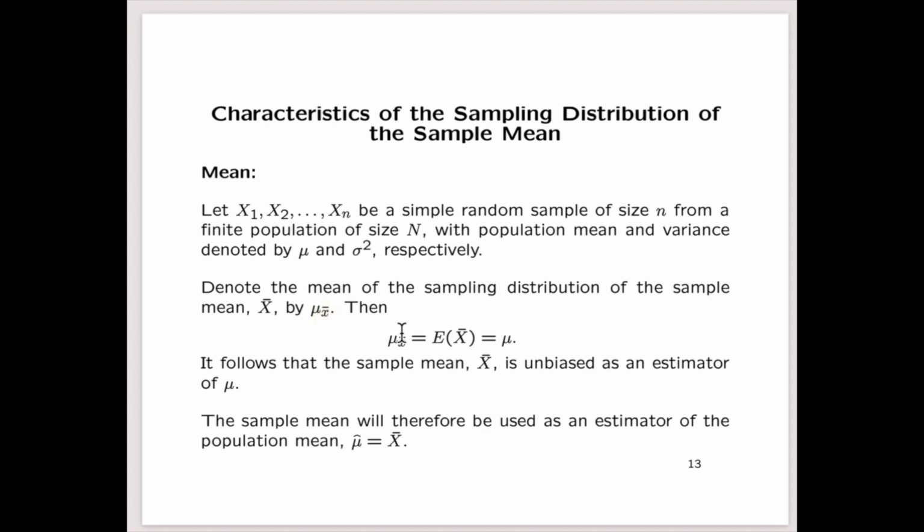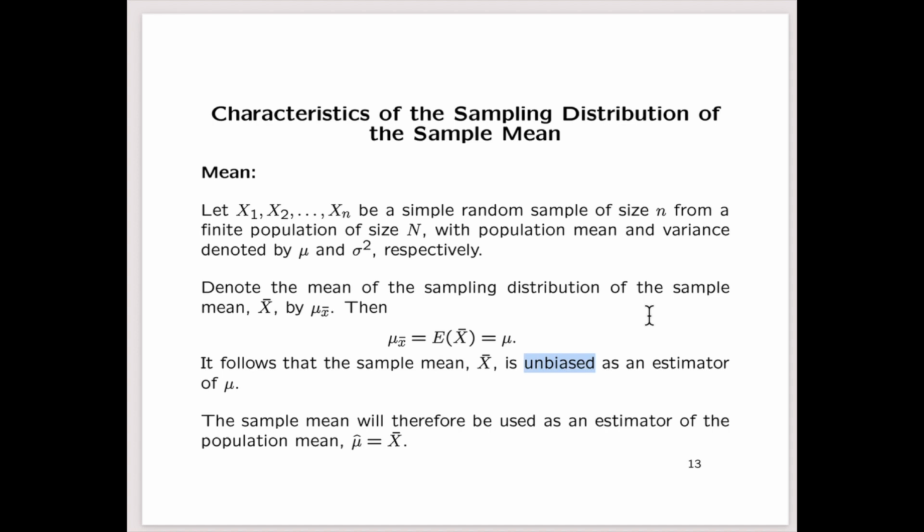Now it turns out that mu sub x bar, which we could also denote as the expected value of x bar, is just equal to mu, the mean of the underlying population. And so it follows that the sample mean x bar is an unbiased estimator of the population mean under simple random sampling, just as it was under IID random sampling.